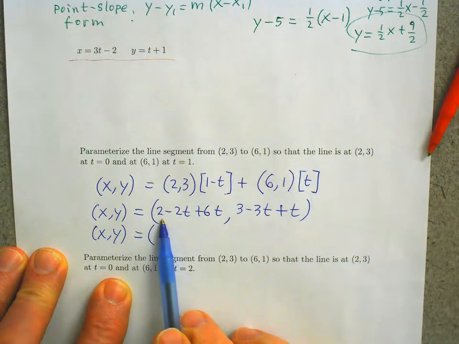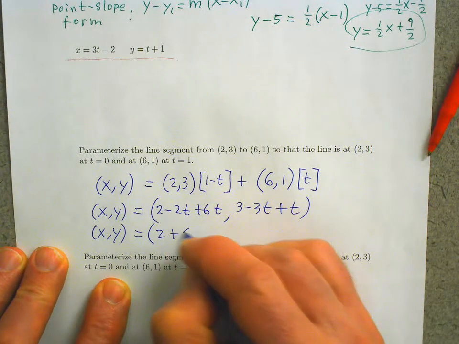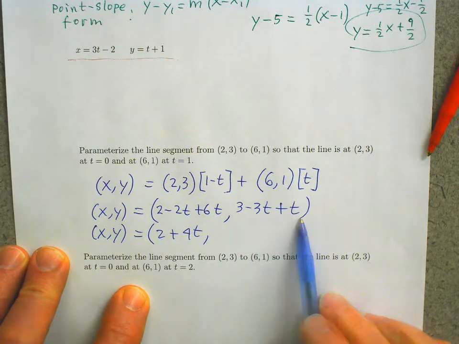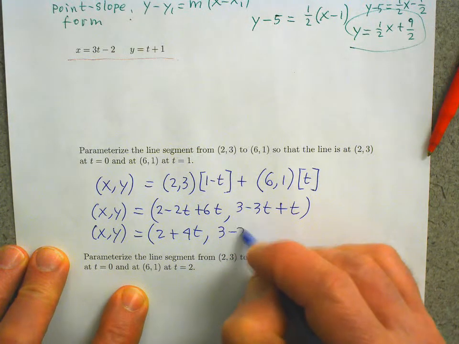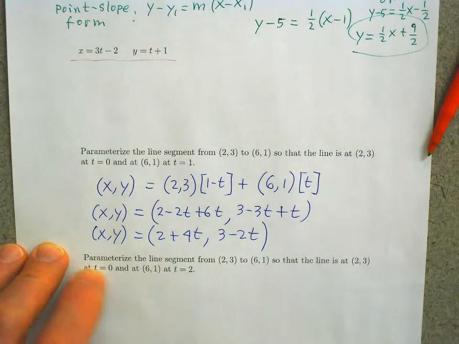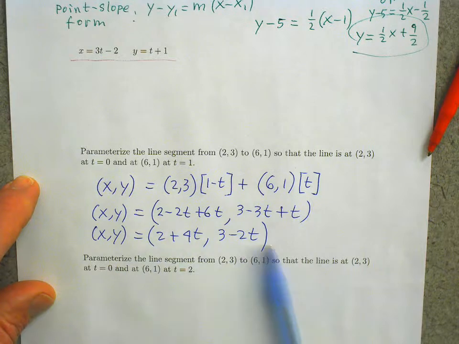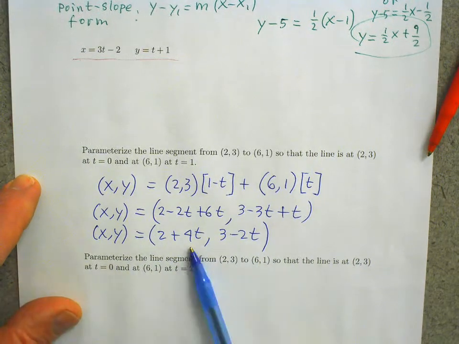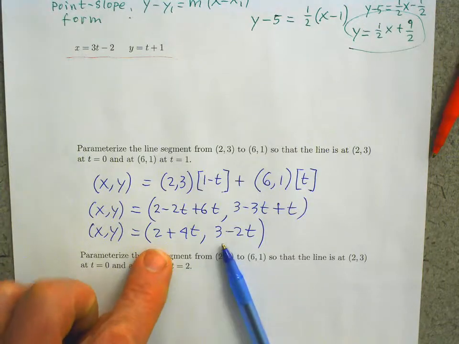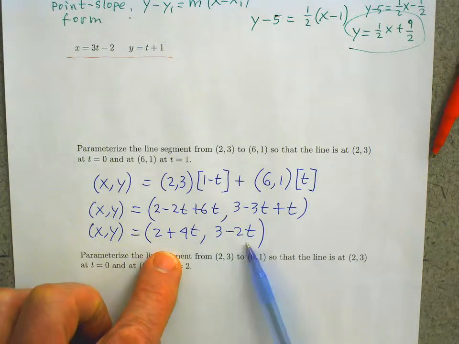The x coordinate, 2 minus 2t plus 6t, is 2 plus 4t. And the y coordinate, 3 minus 3t plus t, is 3 minus 2t. Yeah, and that works out. You can check when t is 0, the ordered pair is 2, 3. And when t is 1, the ordered pair is 6, 1.